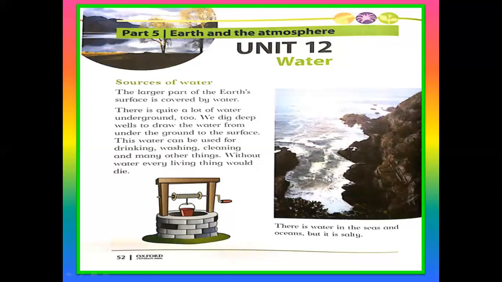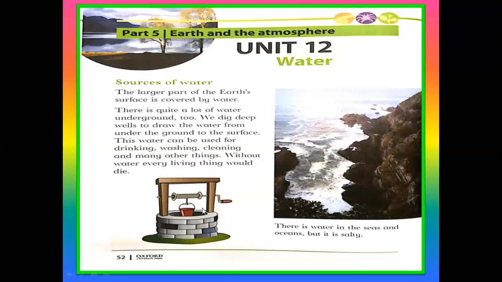But the water that is in the seas and also oceans is not drinkable. We can't drink it. Why can we not drink it? Because it is salty water. Which one? The water of the sea and the ocean. This is salty water. Only water from under the ground, like the water of the well, is drinkable.